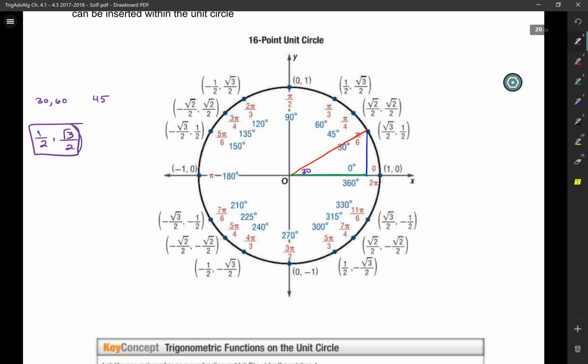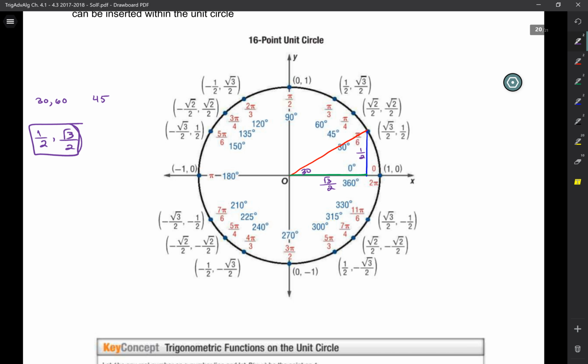Smaller. So it faces the smaller side. Between 1/2 and root 3 over 2, which is it? 1/2. So this is root 3 over 2. All right? So to get to that point, how much do I go in the x-axis? Root 3 over 2. And how much do I go in the y-axis? 1/2. So to get to that point, I go over root 3 over 2 up 1/2.